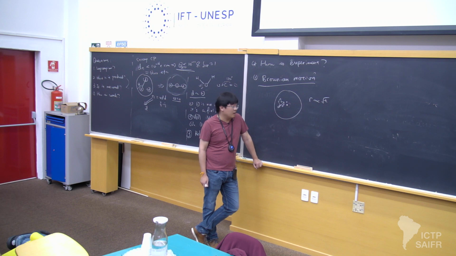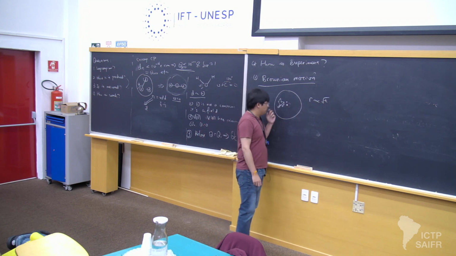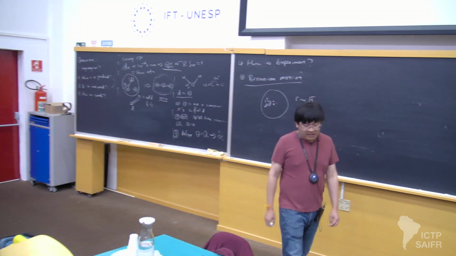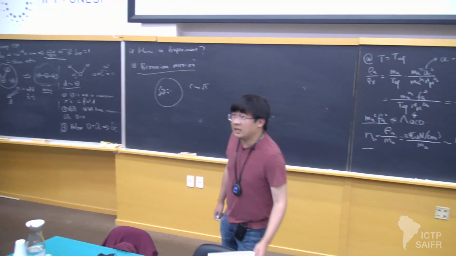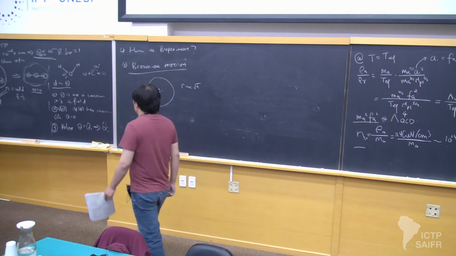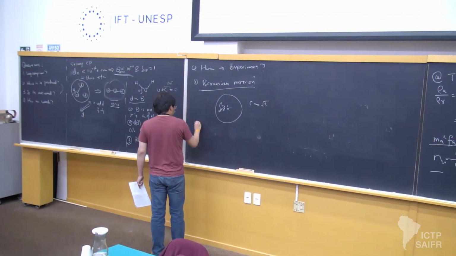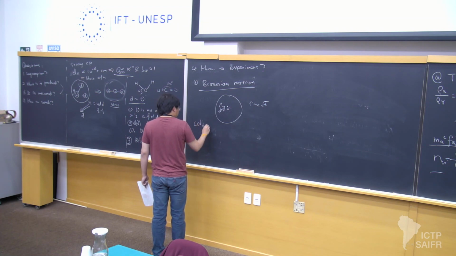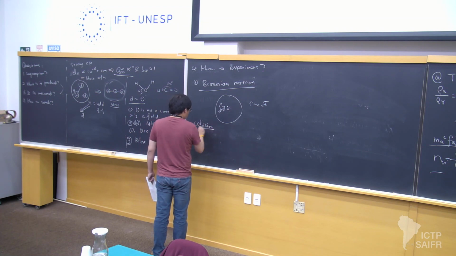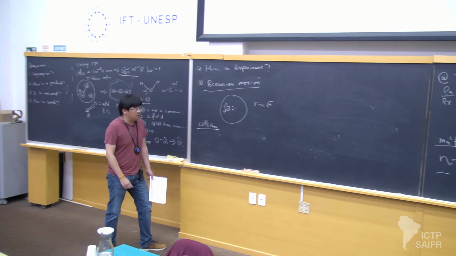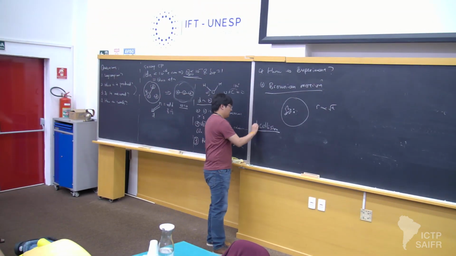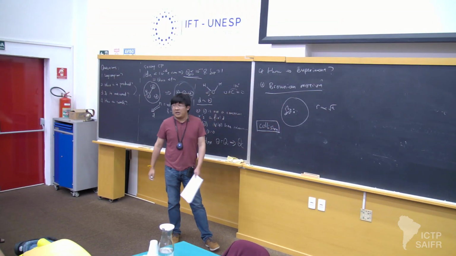That same idea is used to look for dark matter. It is pretty much the most important idea used to look for WIMPs, and that's the idea of collisions. The idea is that dark matter is a fluid.